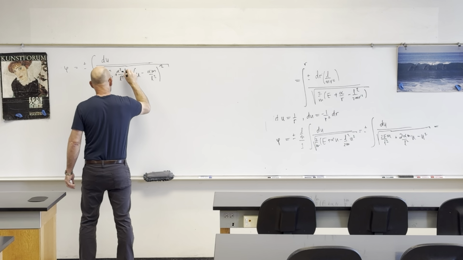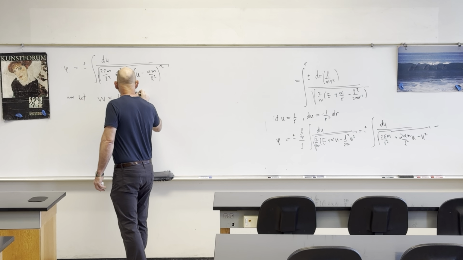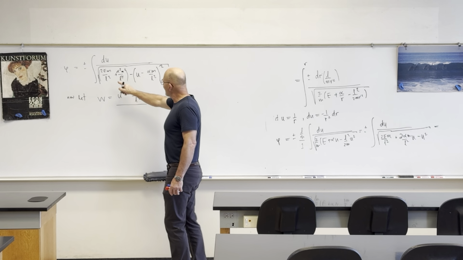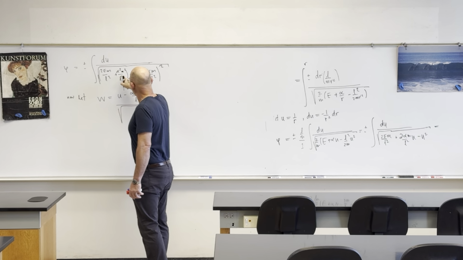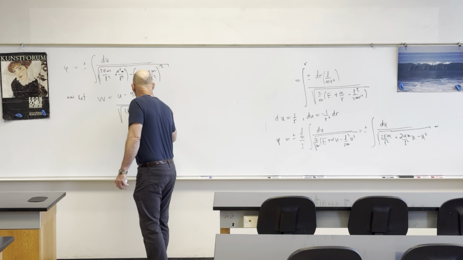So now, this looks pretty heavy-handed, but we're gonna let W equal u minus alpha m over L squared, divided by the square root of this thing here: 2E m L squared plus alpha squared m squared over L fourth.